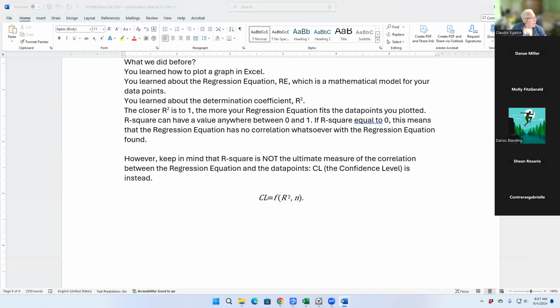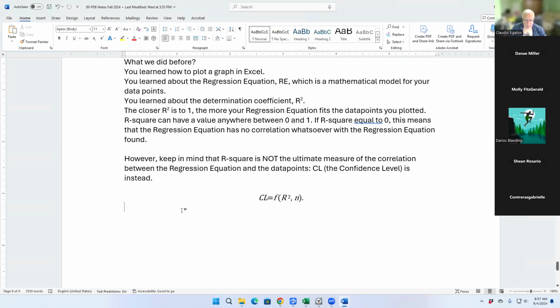So let's distinguish between the data points and the regression equation.